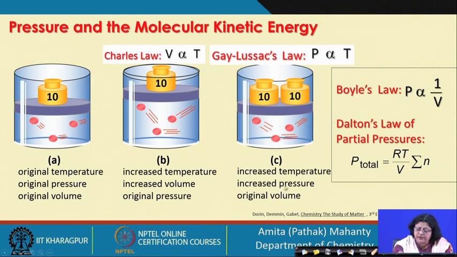If you are increasing the pressure, say with temperature constant, you are putting more weight, the volume is reduced and the pressure is increased. If the volume has to be held constant, what has to occur is an increase in temperature, because the number of collisions will be increasing. So, if your number of collisions is increasing, it will give rise to a rise in the temperature.